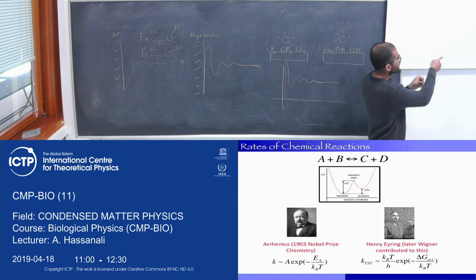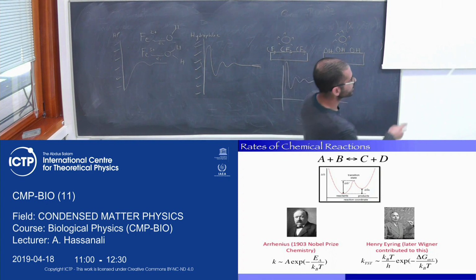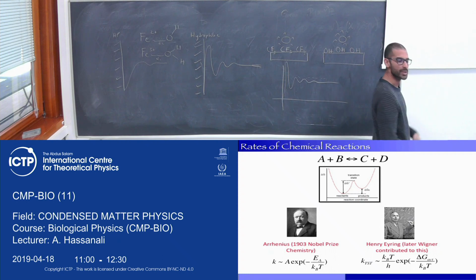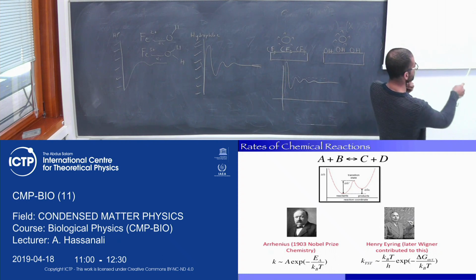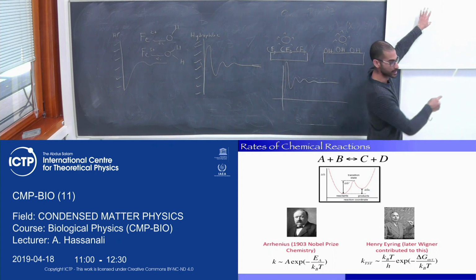And then Eyring and Wigner showed more formally, using something known as transition state theory, that the rate of a process is proportional to the exponential of the activation barrier. Okay? So these two ideas already existed.